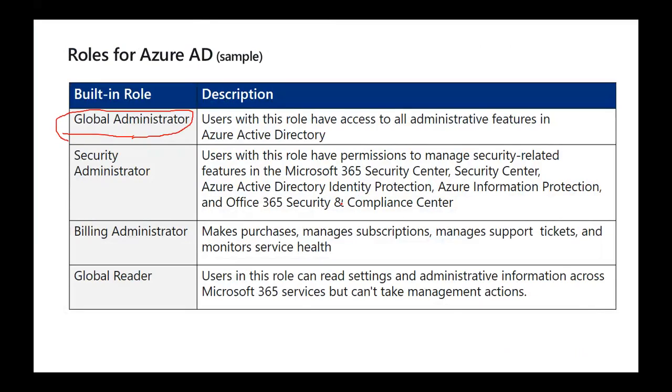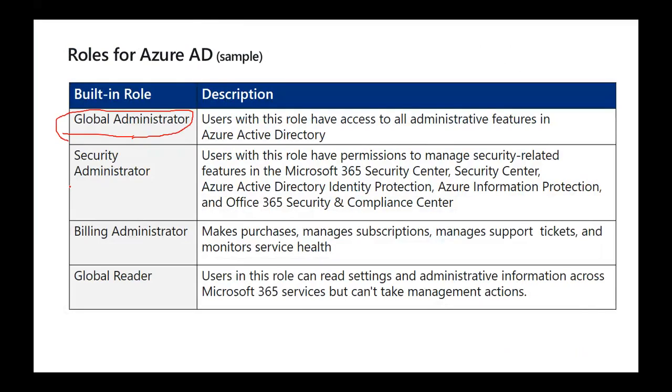For example, if I'm going to have a billing administrator, we don't want this billing administrator to manage applications or manage users. So we can restrict what they can do, assigning the proper role for these users.